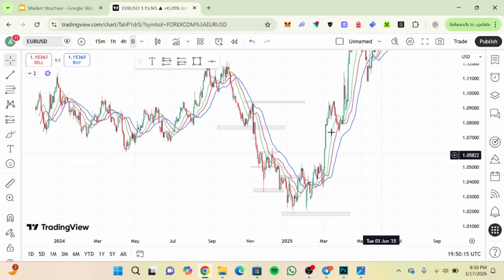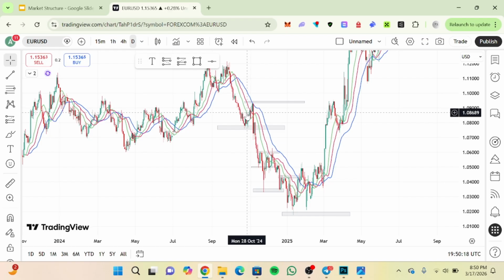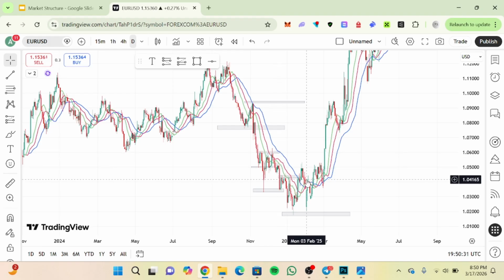So you can see that when you have a series of lower highs, these points, and lower lows, these points, it is a clear indication that price is moving downwards, and therefore we can call that a downtrend.